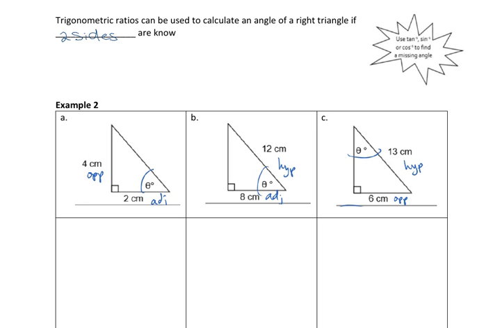Okay? Anytime you're solving for an angle, you have to do the inverse operation of the sine, cosine, and tan, which means you're going to have to do the sine inverse, cos inverse, and tan inverse. Okay? We'll look at examples of how to do that.